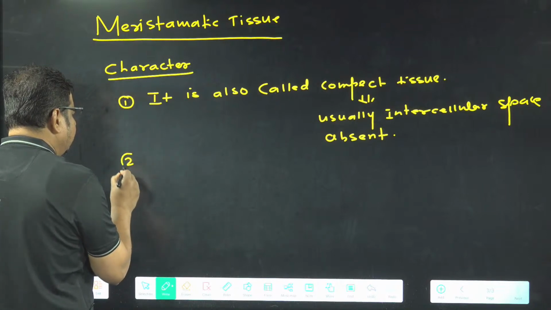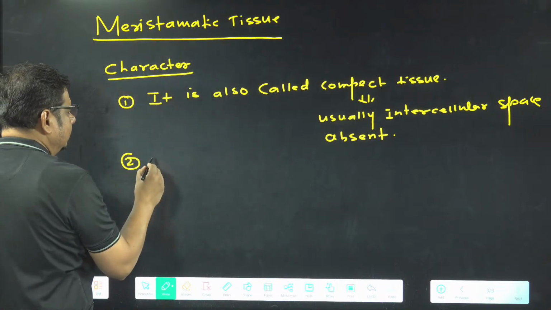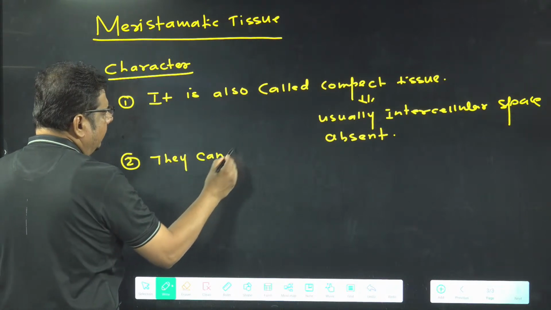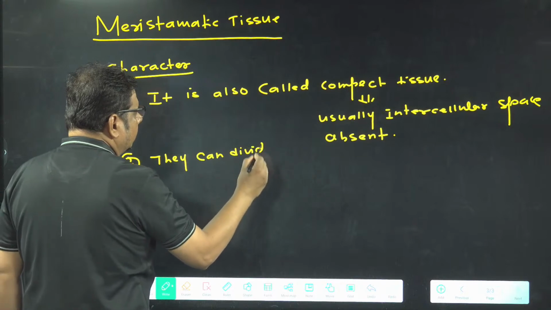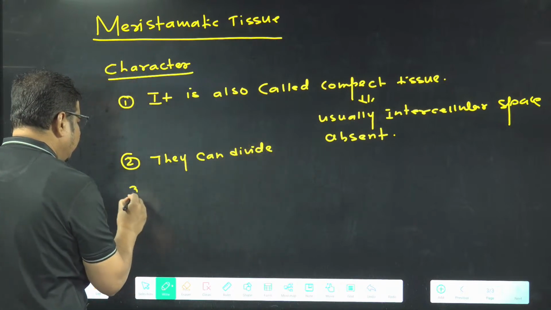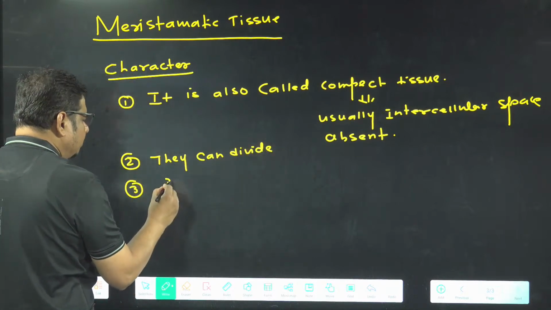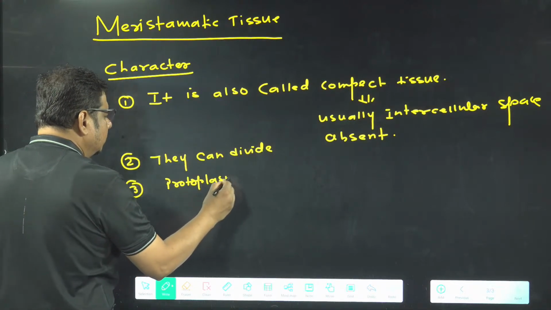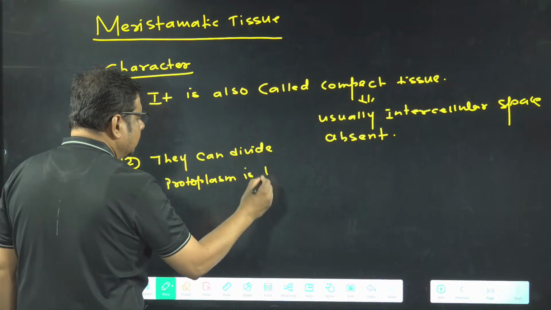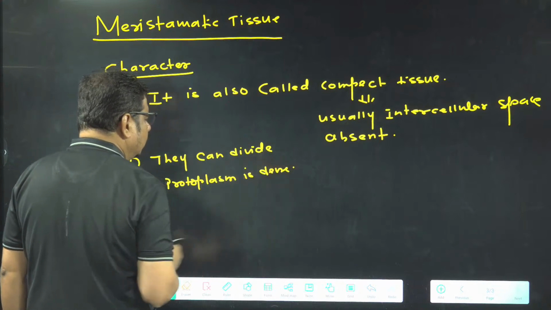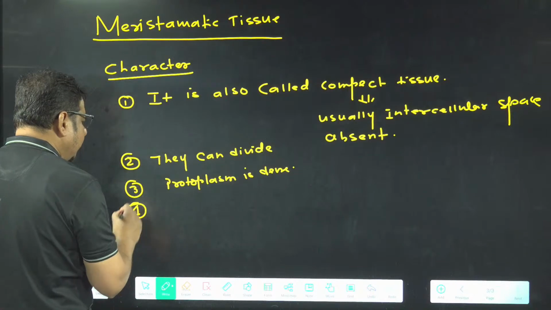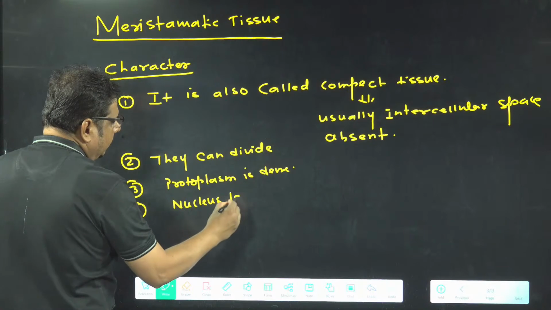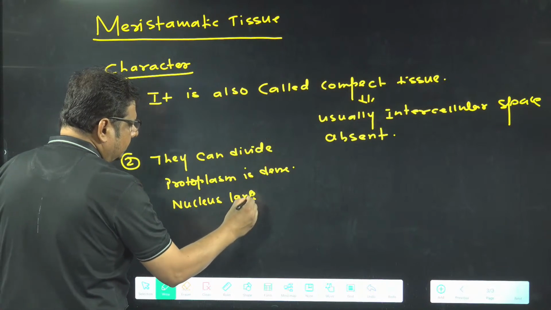Second character, as you know, they can divide. I already wrote it earlier also. Third character I am writing, protoplasm is dense. Getting the things or not? Fourth character, nucleus is large.